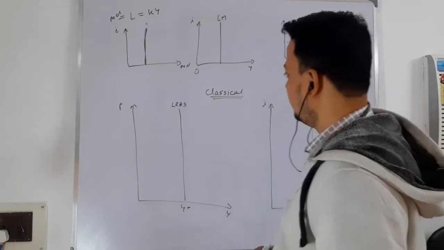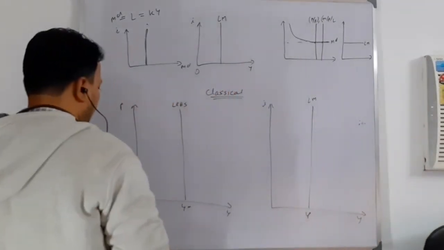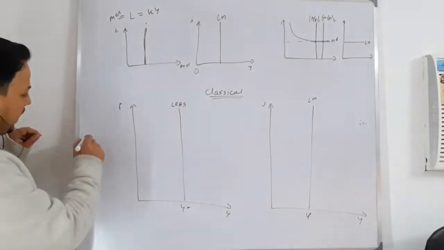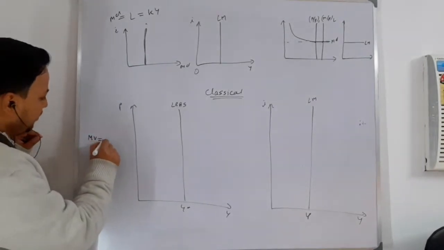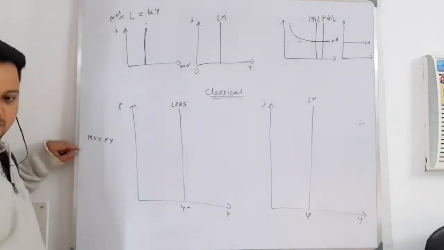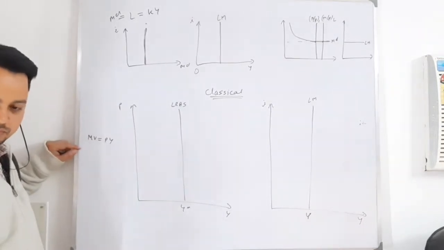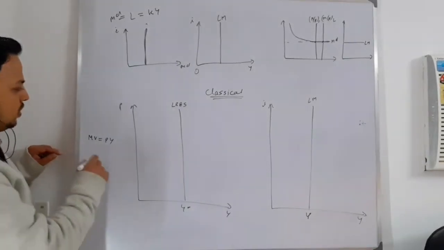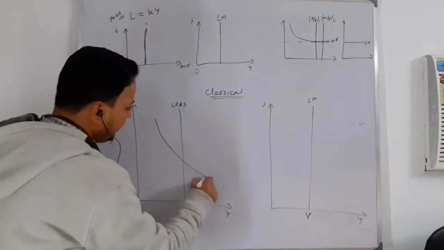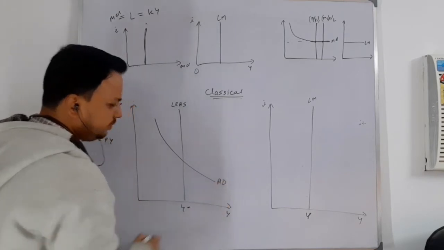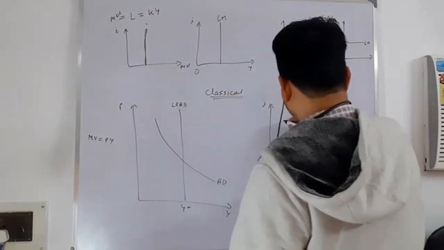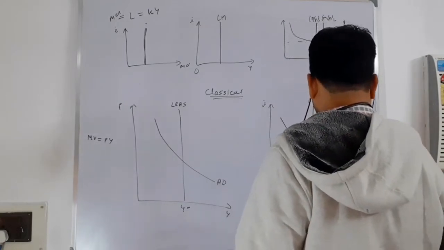Now, if you remember aggregate demand, we derive it from this equation MV equal to PY in the classical case. Everyone remember? MV equal to PY. So we will derive the aggregate demand. This is my aggregate demand in the classical case. Or you can draw the IS curve also here.